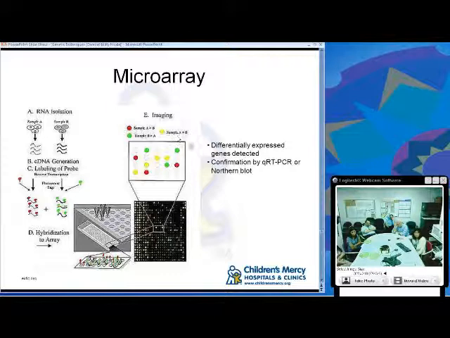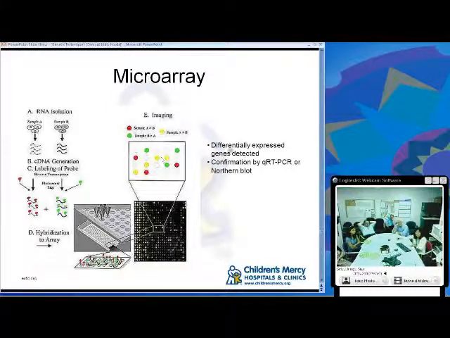Okay, and this is the imaging, what you'd see. So because you use two different dyes, you can get some different colors. And so if you have more gene expression in sample A than sample B, then whatever that dot corresponds to in terms of the genes, you have more expression in A than in B. If you have more B than A, then you're going to get a green dot, and if they're comparable, then you're going to get a yellow dot.